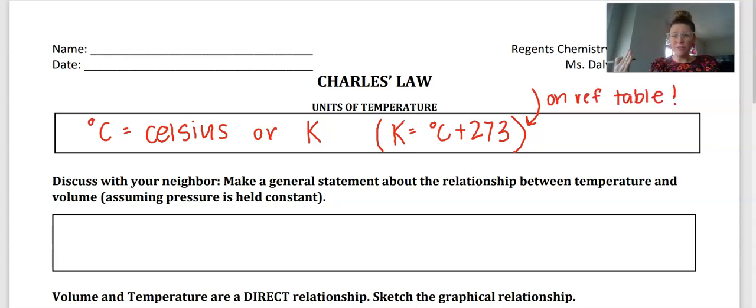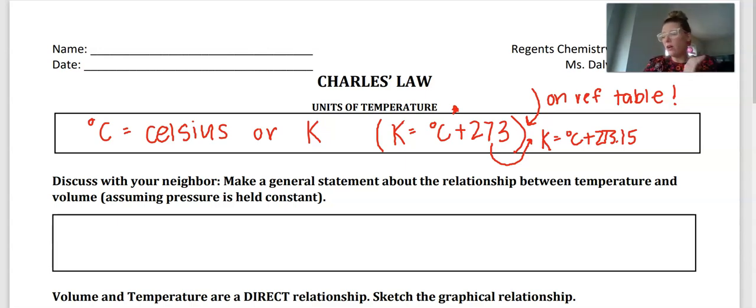You can find it on the reference table on the back side with all of our equations. I know that some people who love being precise can also do Kelvin equals degrees Celsius plus 273.15. But again, that's really over the top for this course. For Regents level chemistry, you can stick with plus 273 to keep it easy.